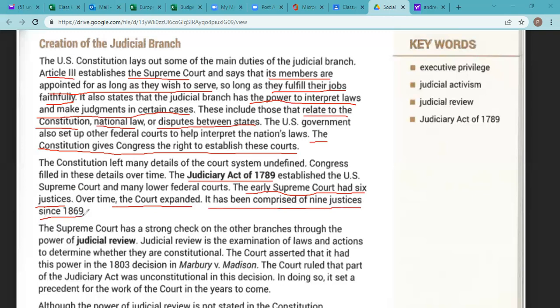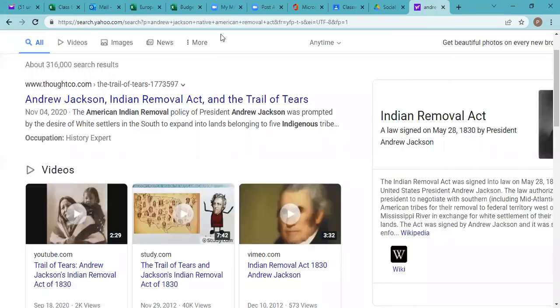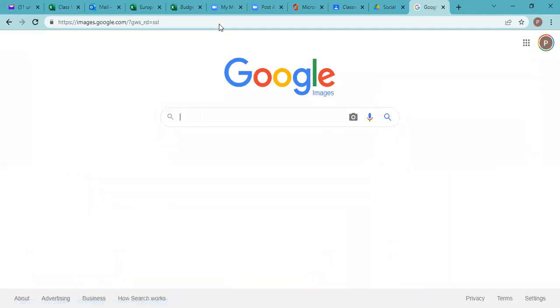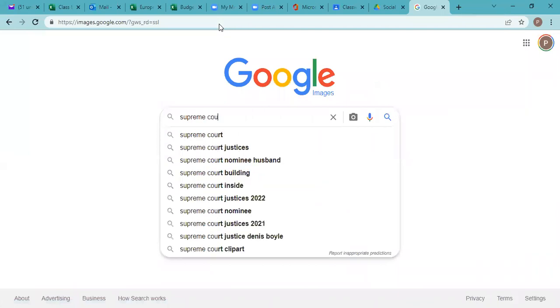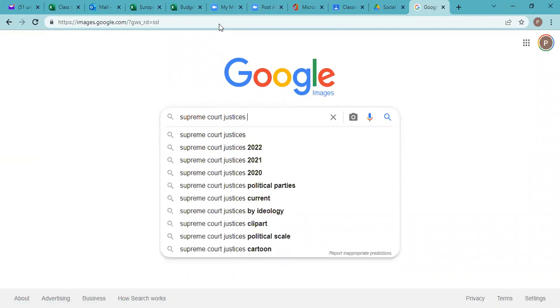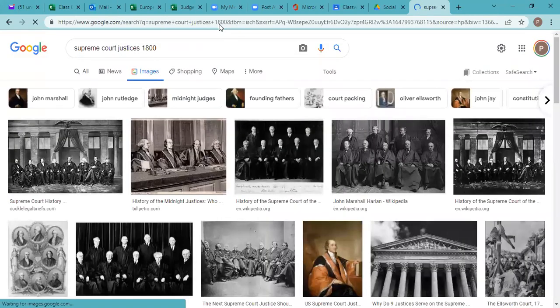All right. So just to kind of show you some pictures of what the Supreme Court justices have looked like, I'm going to go to images, Google. Okay, Supreme Court justices. And I'm going to put 1800. And let's see what they look like.